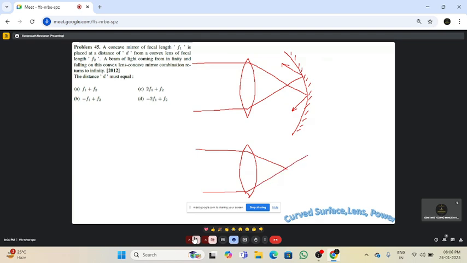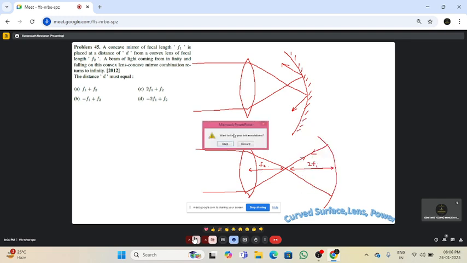So what comes here should go like this. This ray that falls here should go like this and come back along the same path. That will happen only if this is 2f distance. So this is f1, this is f2, the focal length of the lens. If you ask how I know this, again you have to go back to the basics, 10th standard basics.